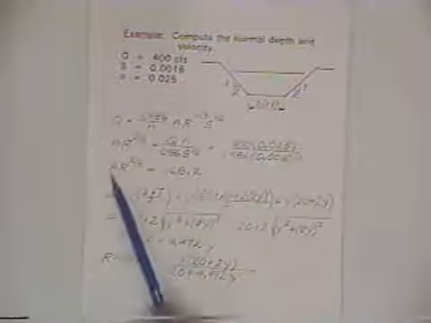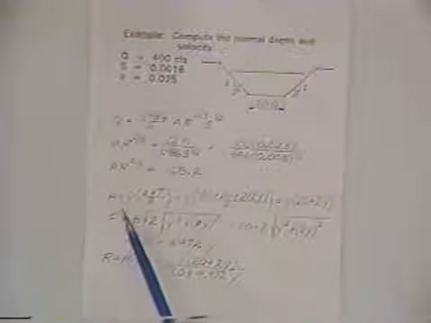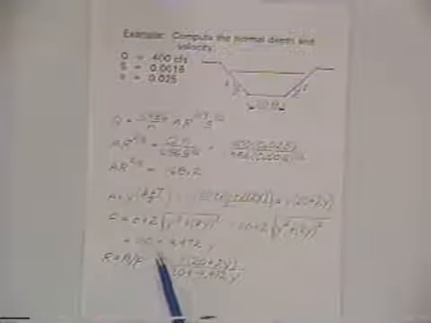And so now we can plug this expression in for the cross-sectional area of flow, and plug this expression in for the hydraulic radius, and that's going to be equal to 168.2.